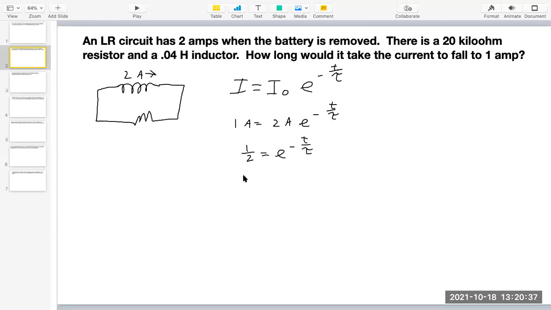So taking the natural log of both sides. If we flip something inside of a natural log, that just makes it negative. And then multiply both sides by tau.